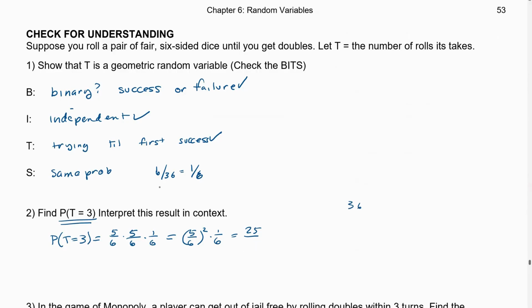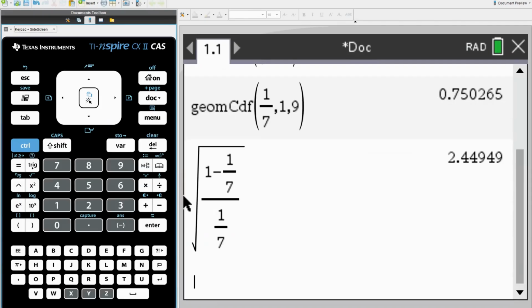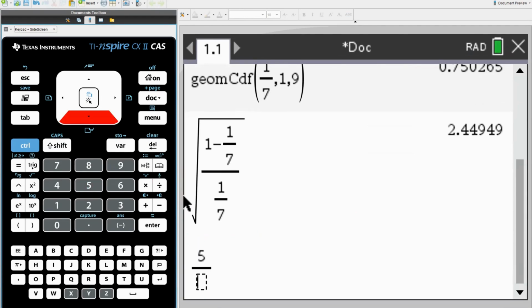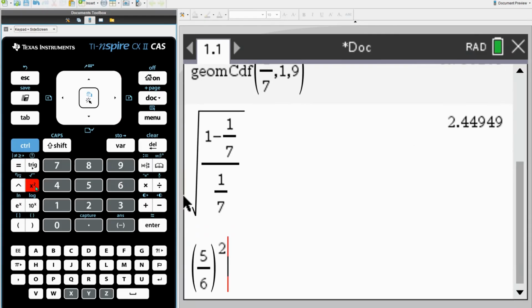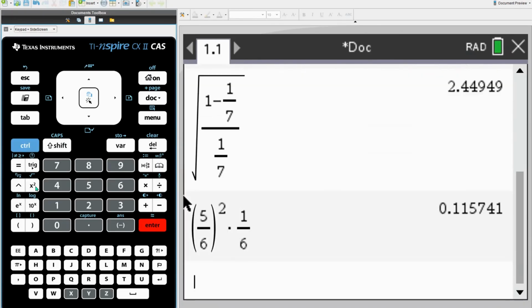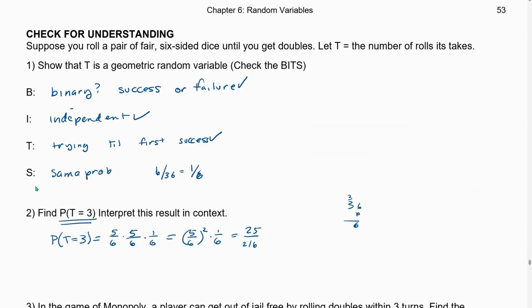What is 36 times 6? 216. All right. And again, on the calculator, we could say 5/6 squared, and then multiply that by 1/6. Control enter, about 11.6%.